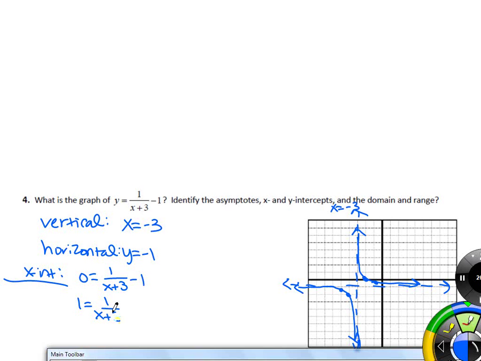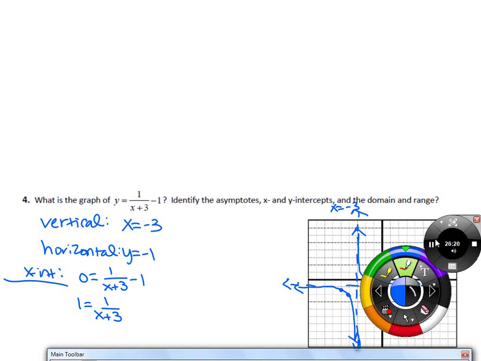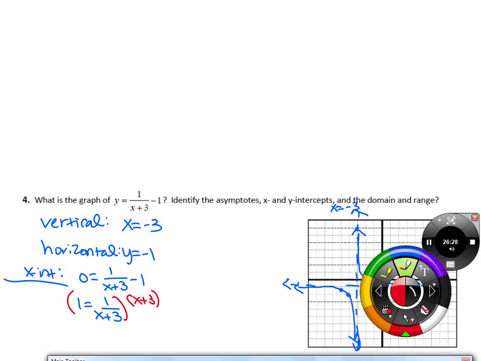Now, this is why we had to know how to solve rational equations. This is like an equation we've been working on in a much smaller form. And remember, we've been multiplying by the least common denominator to cancel x out of the denominator. So that's what I'm going to do here. I'm going to multiply everything by x plus 3. On the left side, I'm just going to have x plus 3, because 1 times x plus 3 is x plus 3.